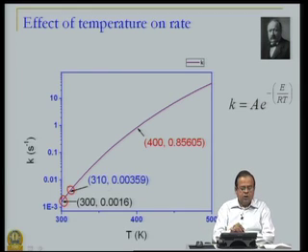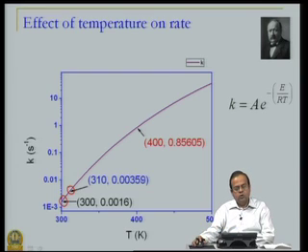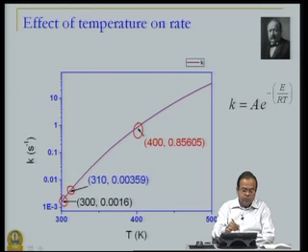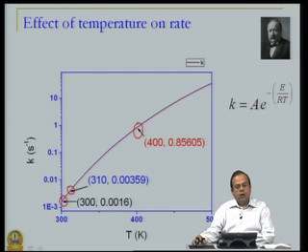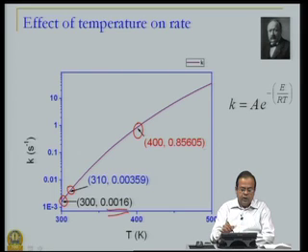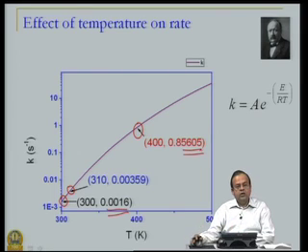Let us say from 300 to 310, the rate constant becomes 0.0035. But let us see what happens if I increase my temperature by 100, that is 33%. The increase in temperature is only 33%, but look at what has happened to my rate constant. The increase is now 2 orders of magnitude, or 100 times.